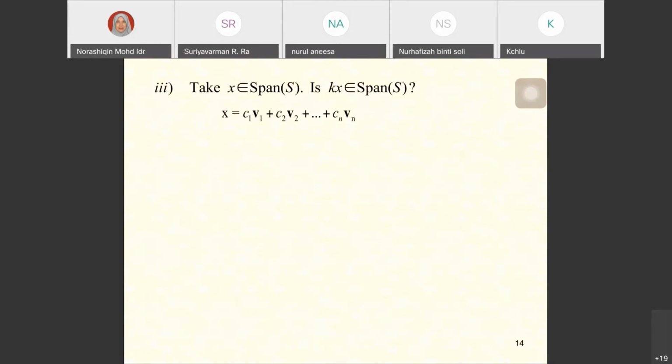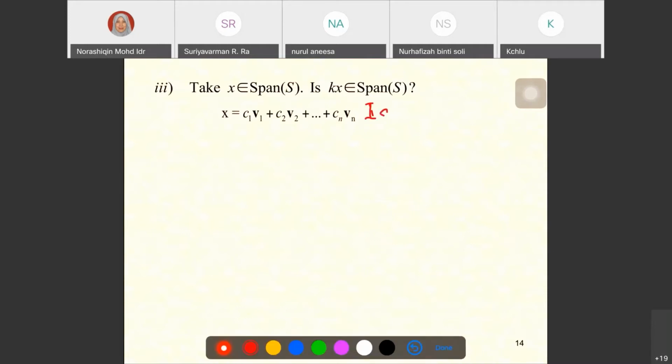We want to see whether Kx can be written as D1 V1 plus D2 V2 plus Dn Vn, where D must be real. If it's true, then we say that span of S is closed under scalar multiplication.